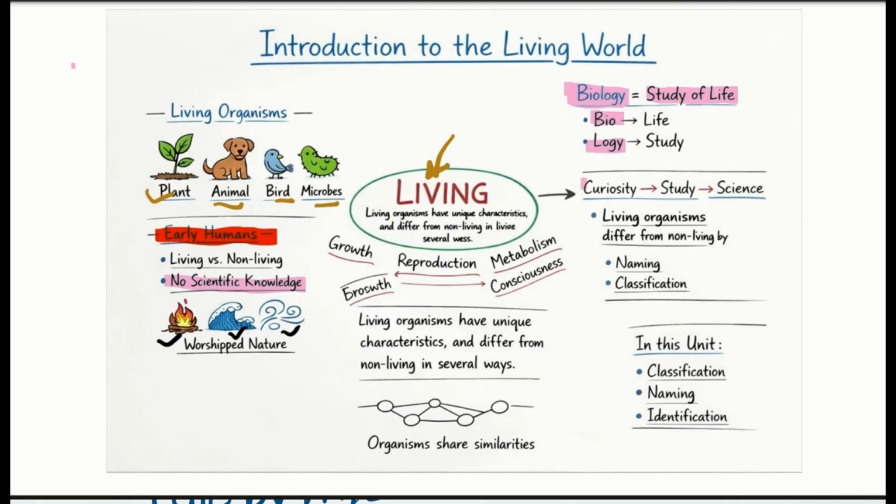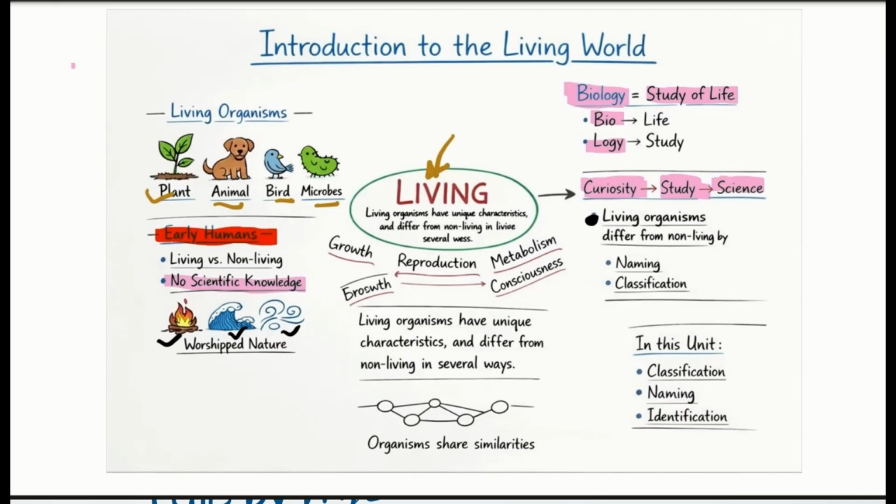As time passed, humans became more curious. They started asking questions and this led to science. Now one important question. How are living things different from non-living things? Scientists studied this and found some key differences.